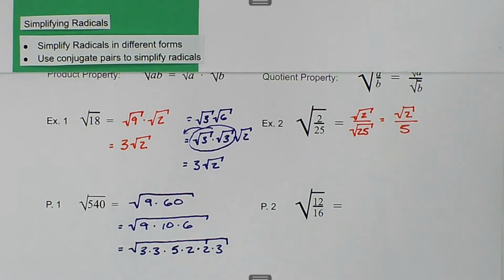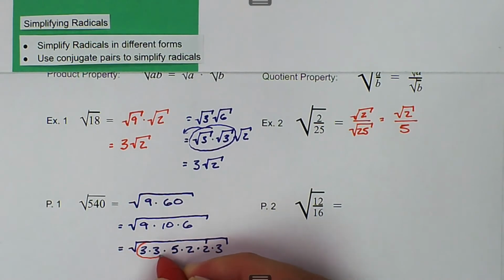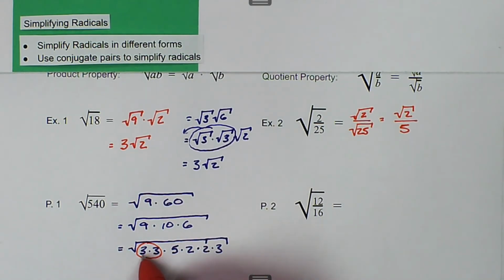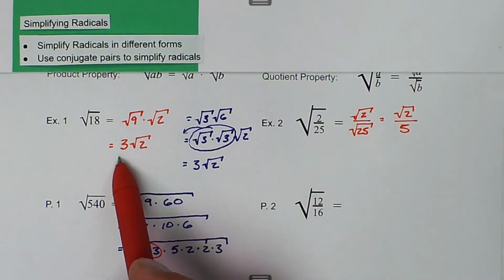So underneath the radical, we know that there's an understood 2 here. So we need to find pairs, and if we find pairs, we can bring those out of the radical. So here we have a pair of 3's. 3 times 3 is 9, and we already knew that the square root of 9 was 3.